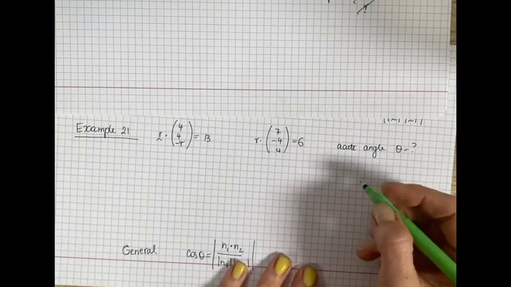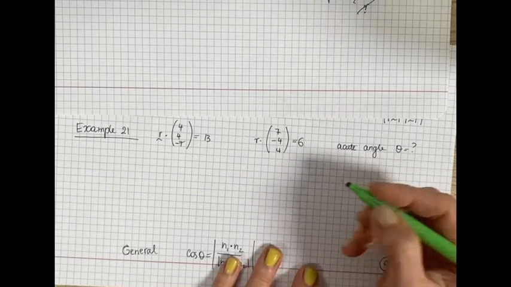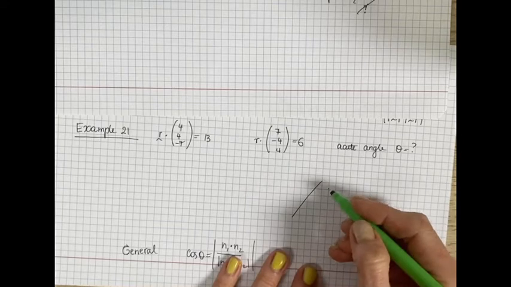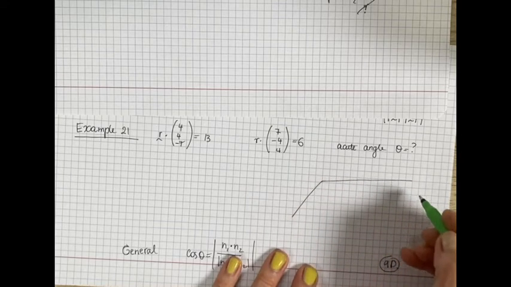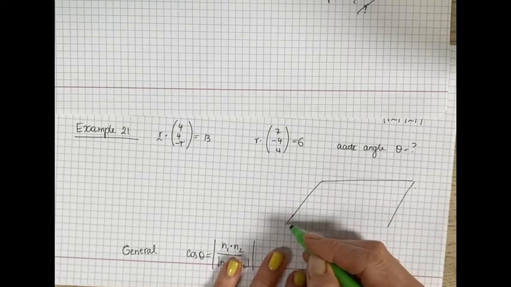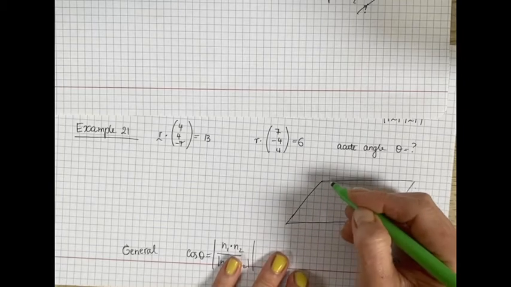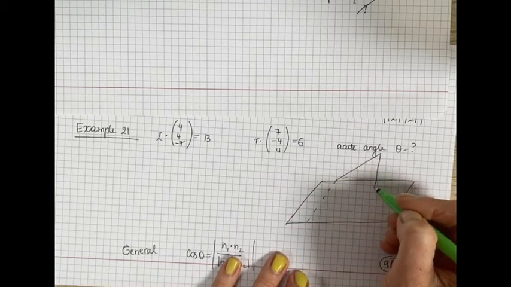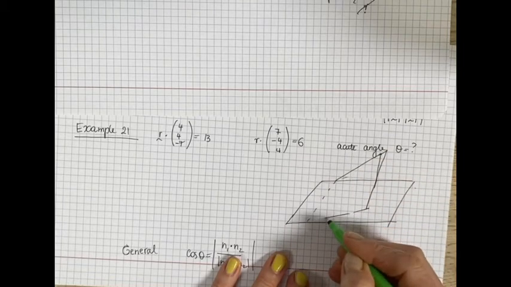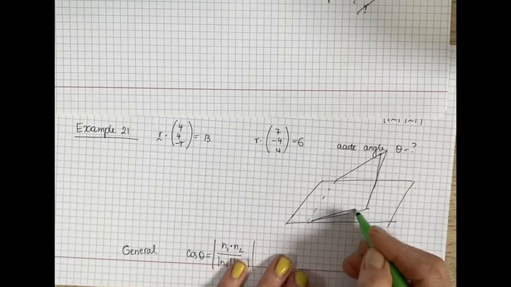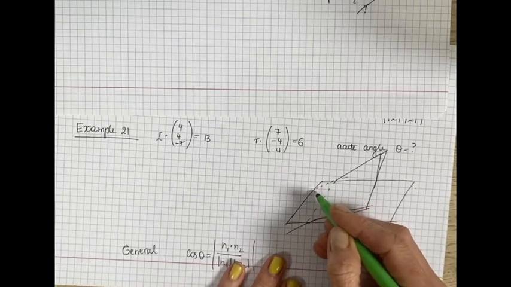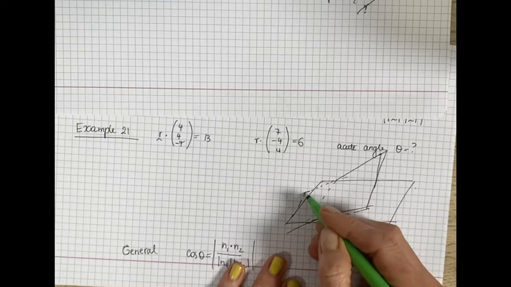So the idea here is to visualize those two planes. We are going to assume that they intersect each other. So there is one plane, and let's have another plane. Just draw it there. That's what I do. It might carry on like this.